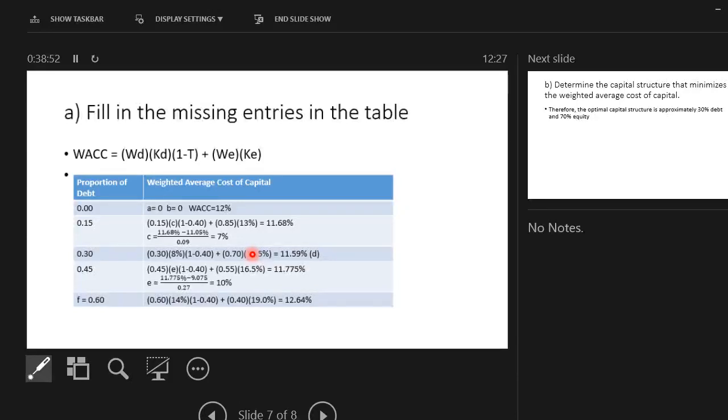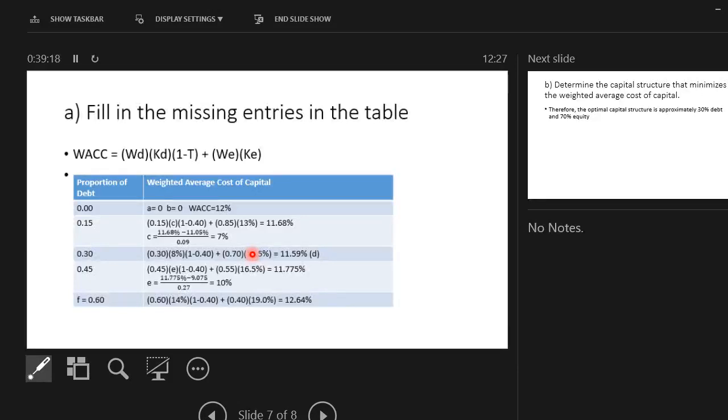Our work is equal to, we said we're not going to worry about the first part, right? We're only going to focus on this part. All right, so remember we're working with the formula, and we are told already that this is 12%. This is already 12%, and I know that the weight is 1.